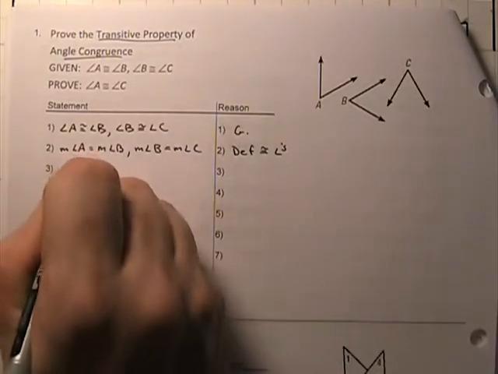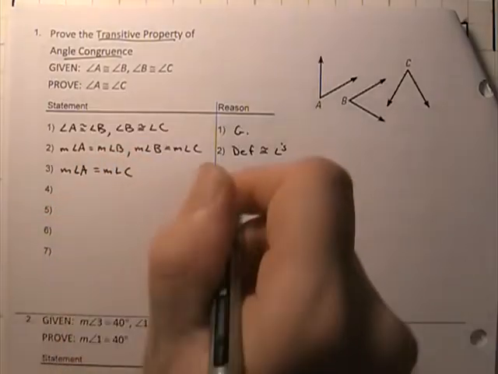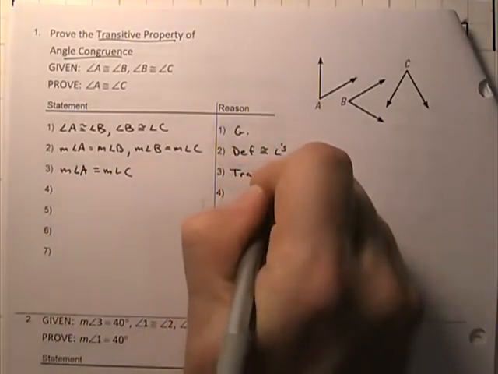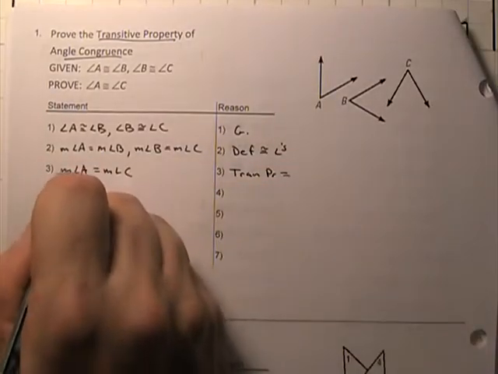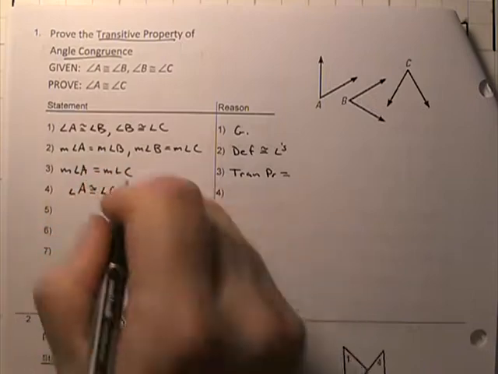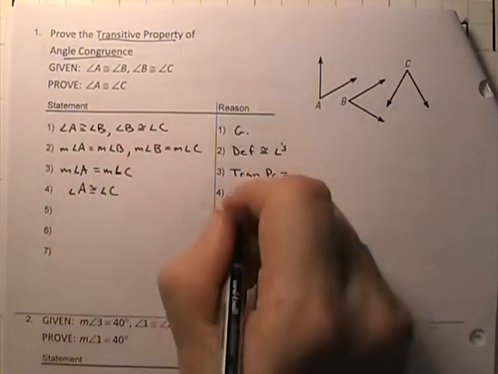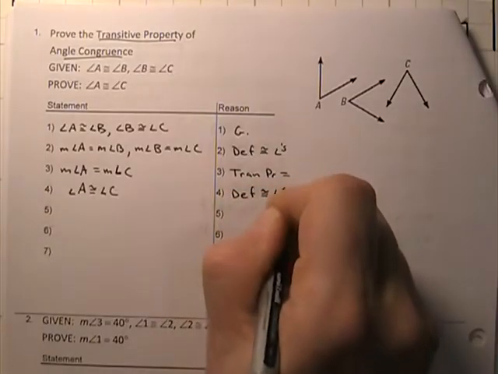Now we can just use transitive property. Measure of angle A equals measure of angle C. Transitive property of equality, and since we've set two measures equal, then we can say that the angles are congruent. And that's just the definition of congruent angles.